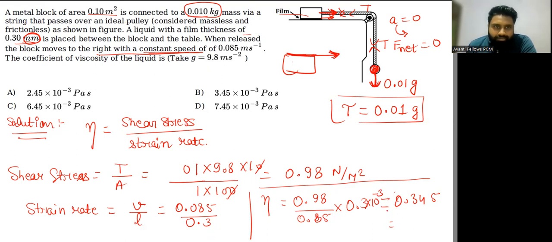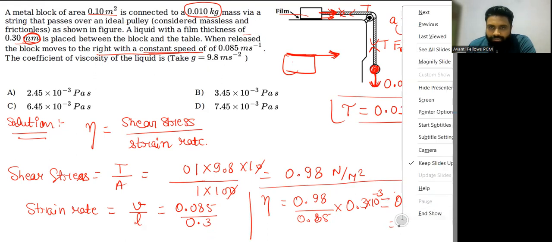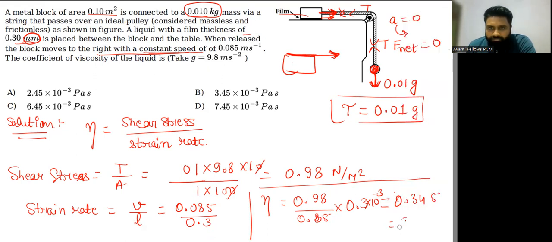So the value will be 3.45 times 10 raised to the power minus 3 Pascal second. Got it?